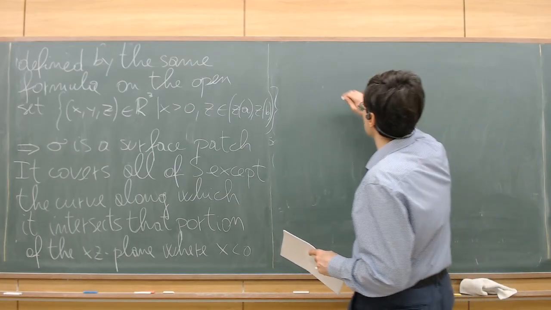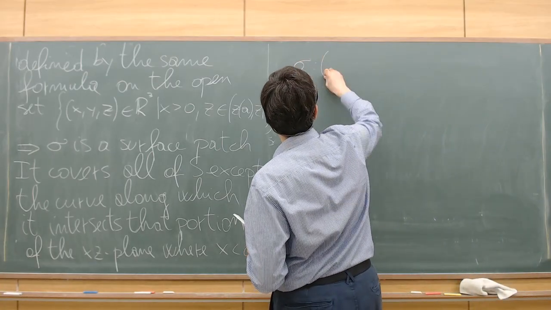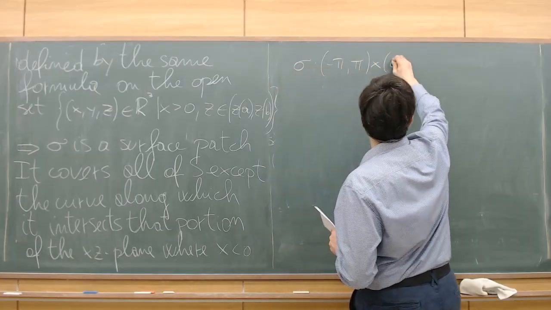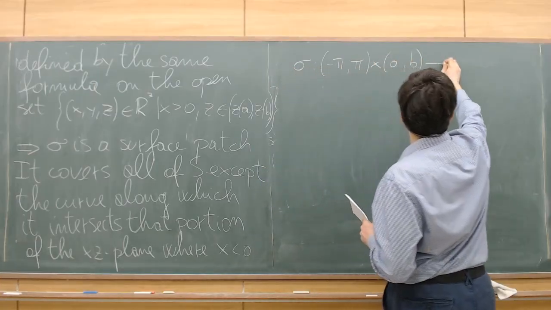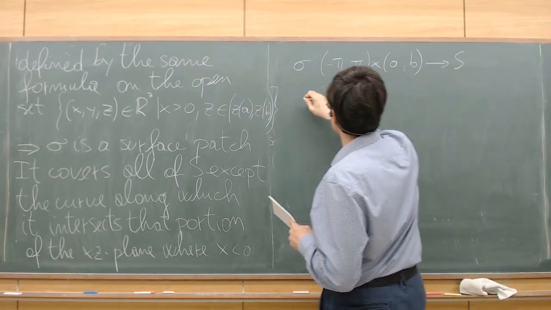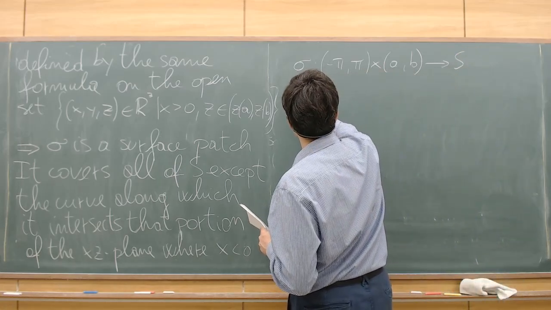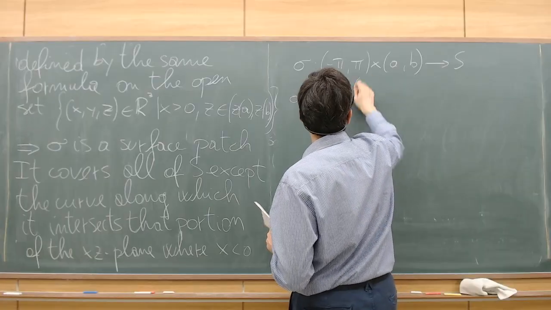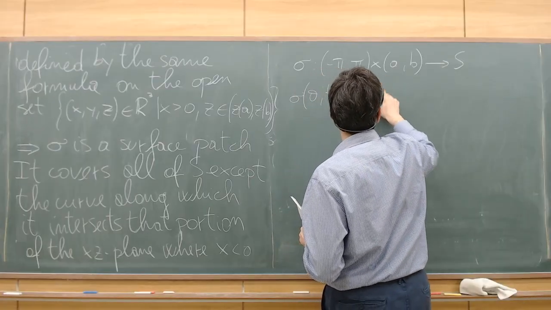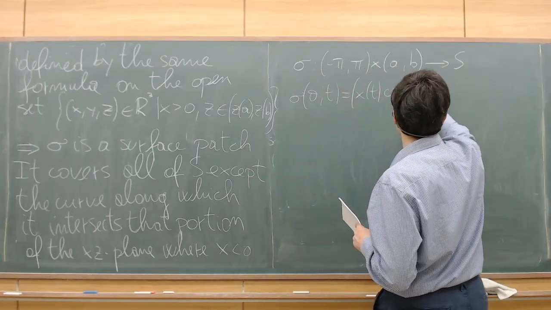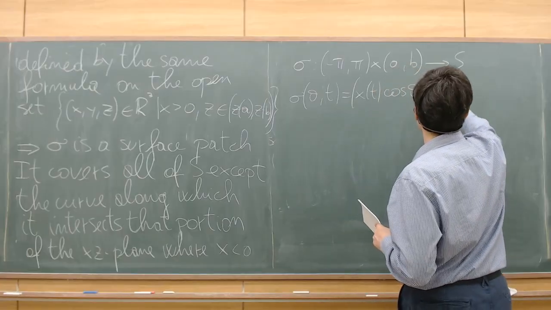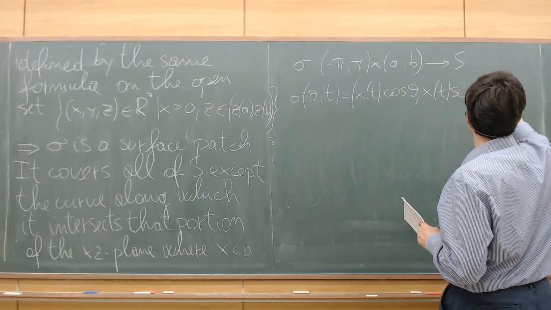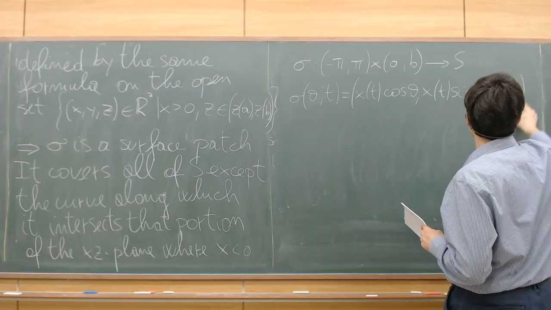is that sigma is defined on minus pi, pi cross AB, and it is given by this formula, sigma of theta, t, this is x of t cosine of theta, x of t sine of theta, z of t.